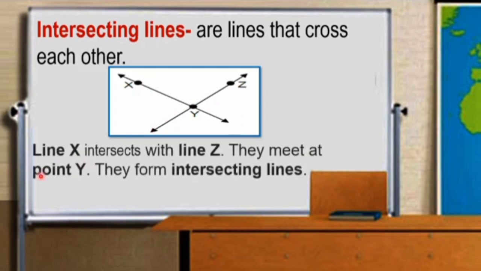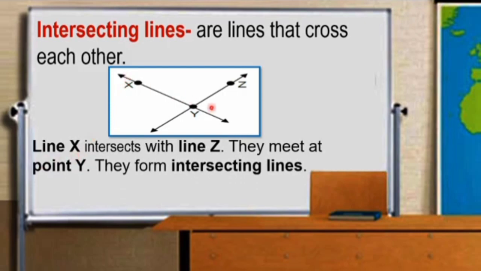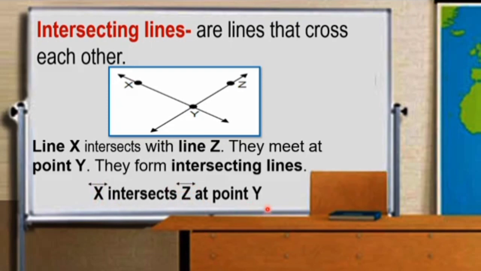So line X intersects with line Z. They meet at point Y. They form intersecting lines. Therefore, line X intersects line Z at point Y.